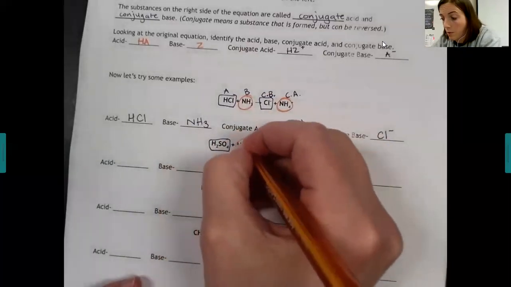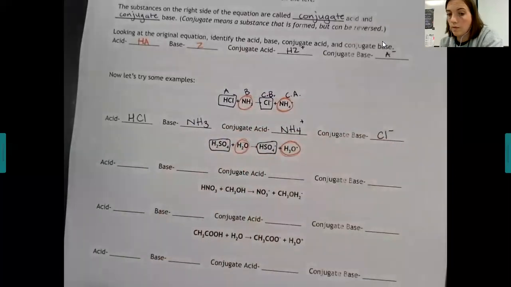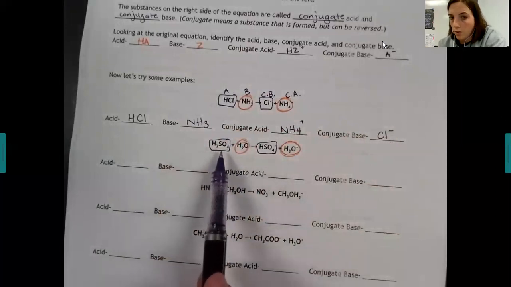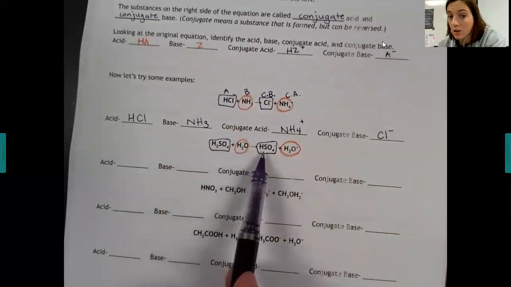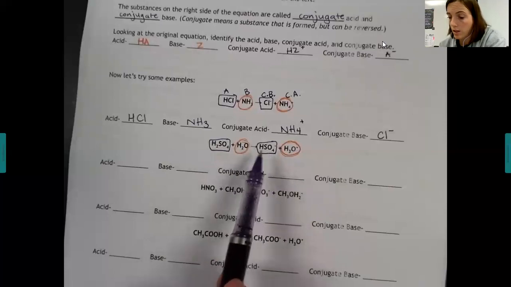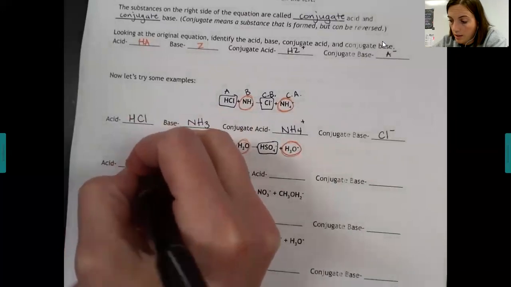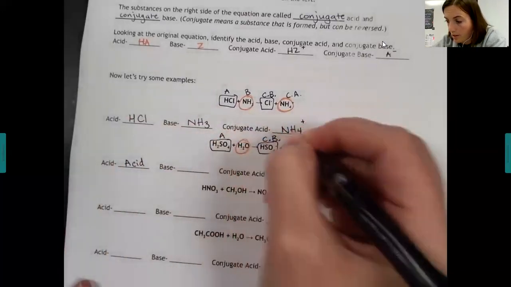Those seem pretty similar, so I'm going to pair those up too. Looking at the first pair, from the left side to the right side it is decreasing in hydrogen. So the left side is the acid and the right side is the conjugate base.